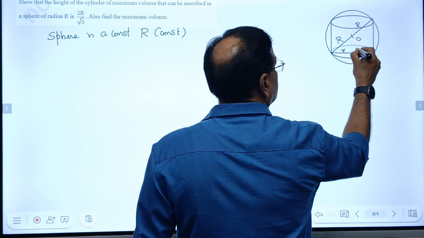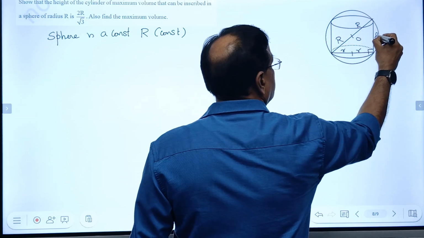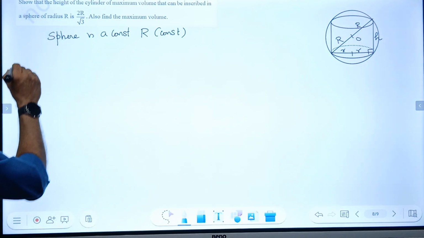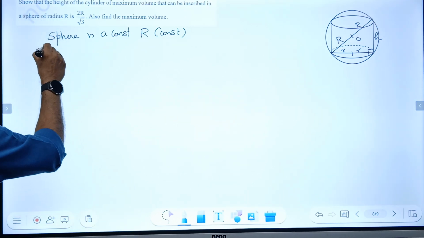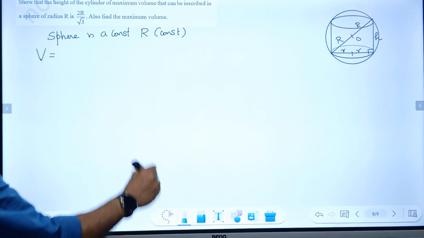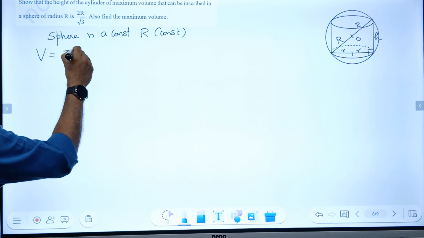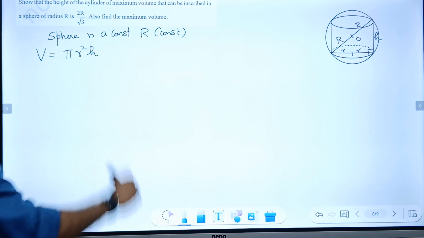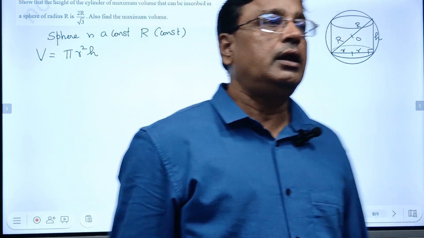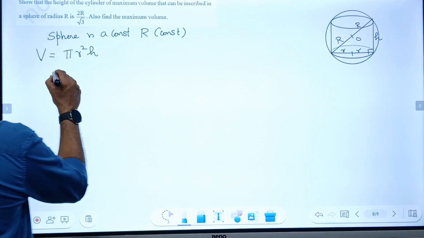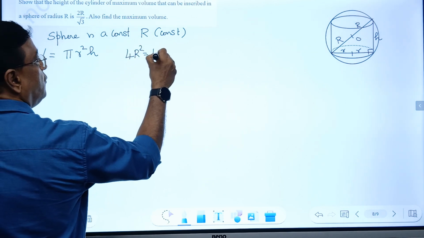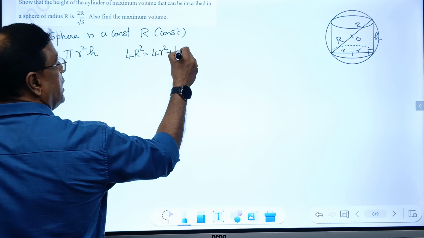So small r, and this is the height h. Okay. Now I want to maximize the volume, right? So what is volume? The volume formula is pi r square h. Okay, and it will be nothing but 4R square equal to 4r square plus h square. I am using Pythagoras theorem.